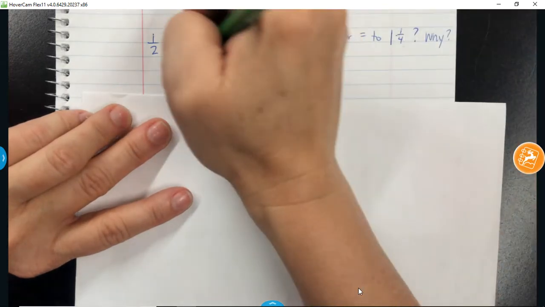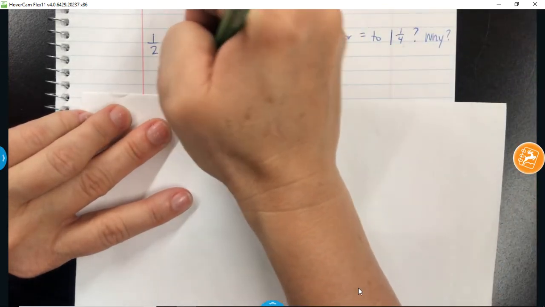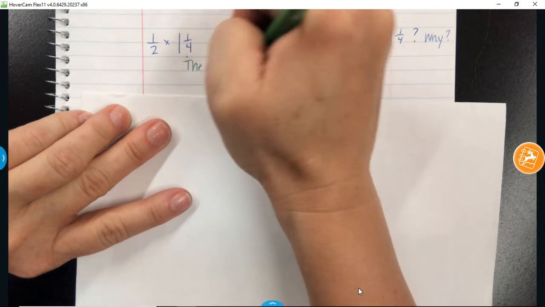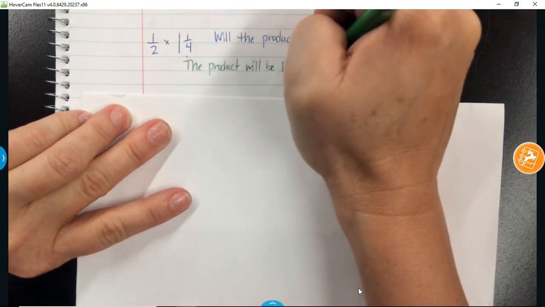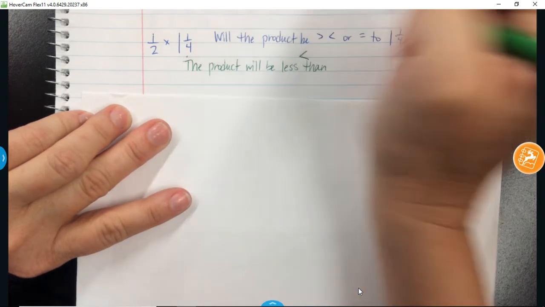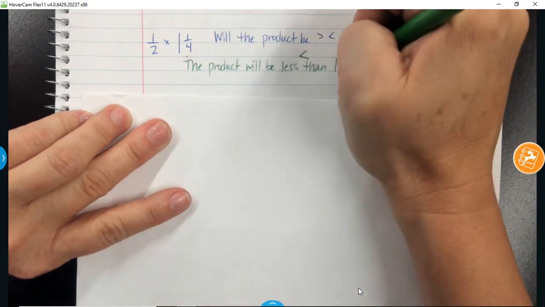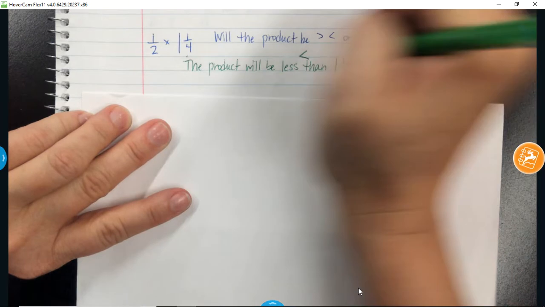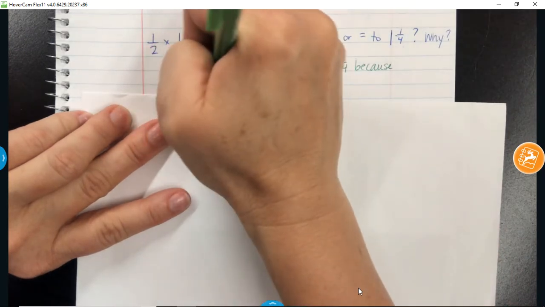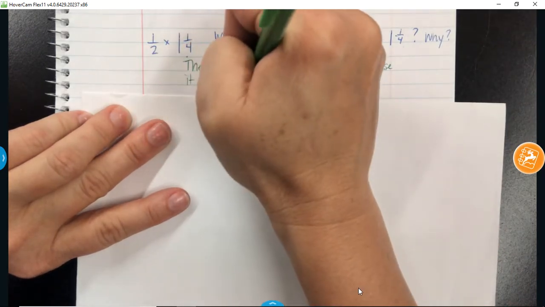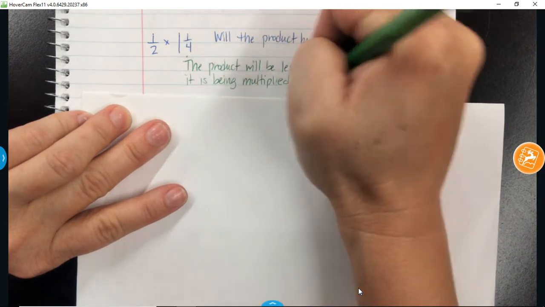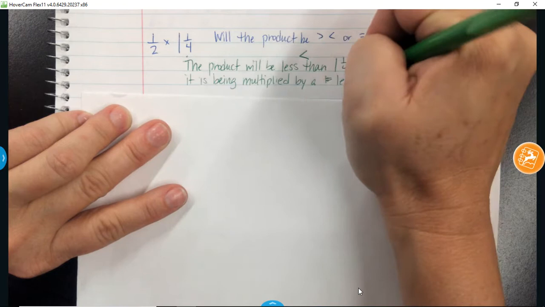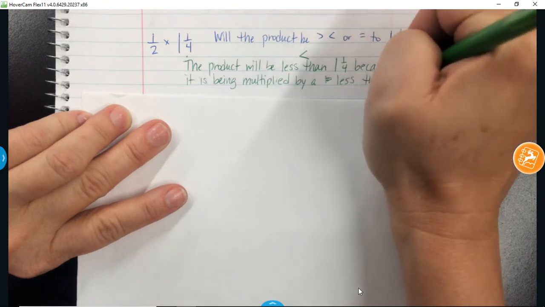So the product will be less than 1 1/4 because it is being multiplied by a number less than 1.